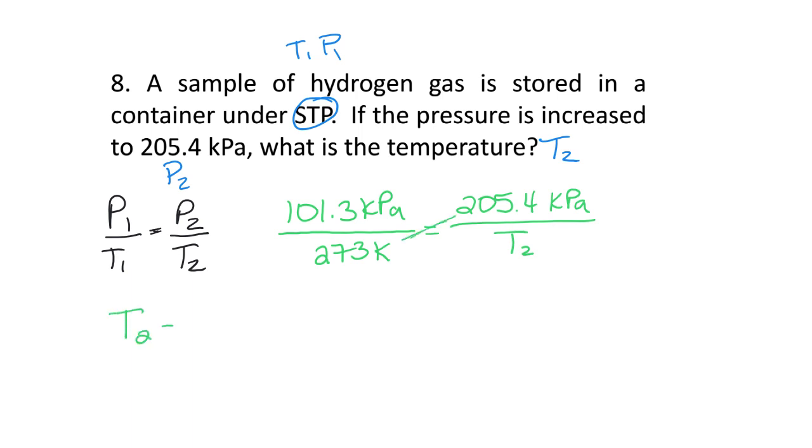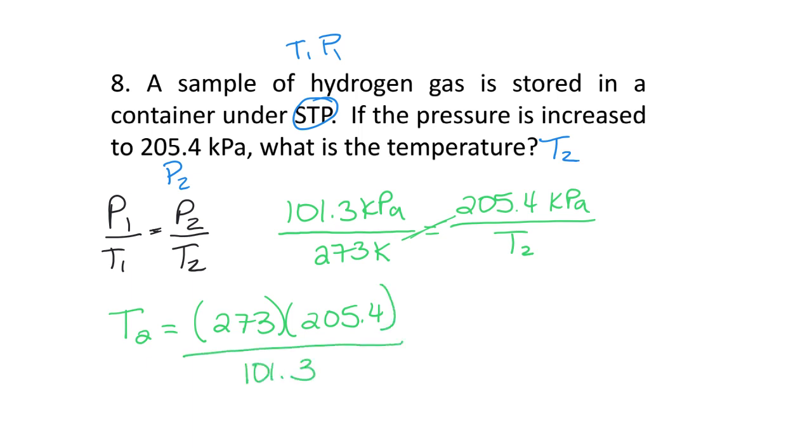So T2 equals 273 times 205.4 divided by 101.3. Oh yeah, if I put the units in, my kPa's would cancel, and then I'd be left with a Kelvin. I get 554 Kelvin.